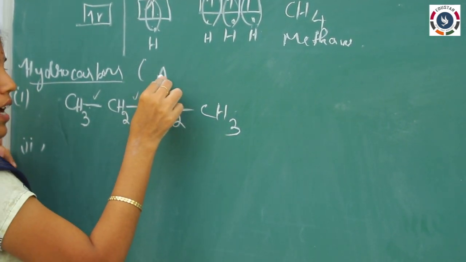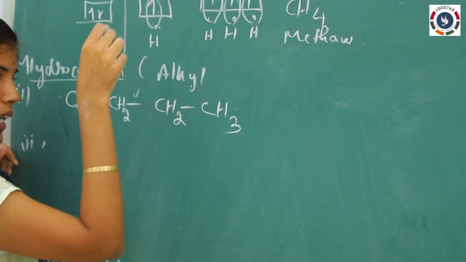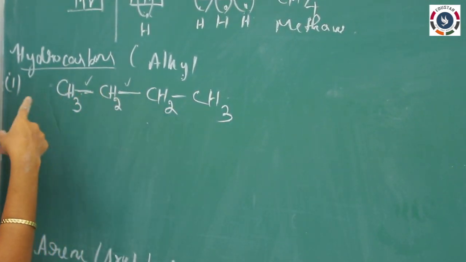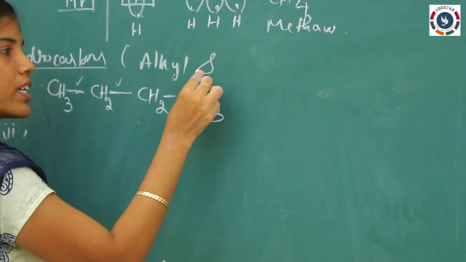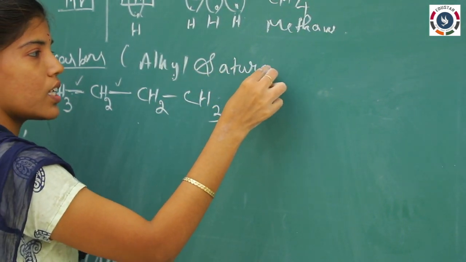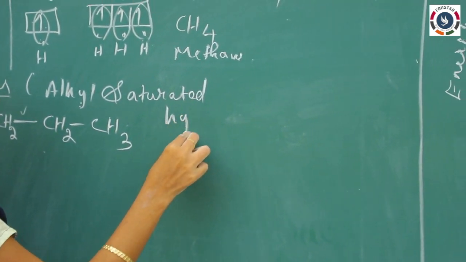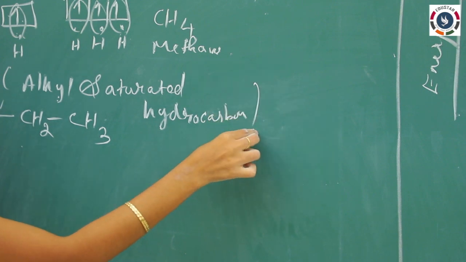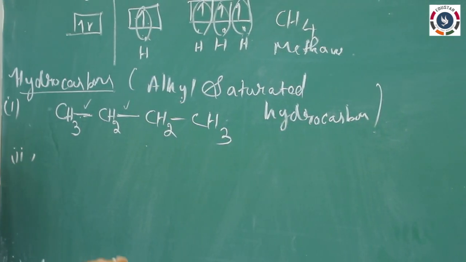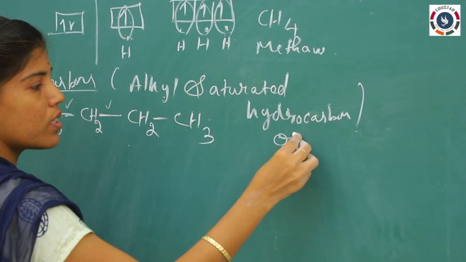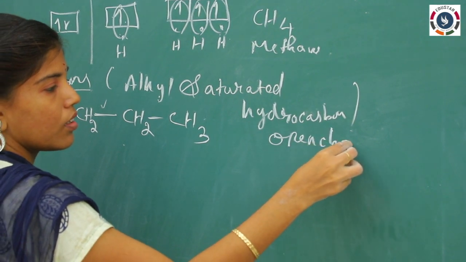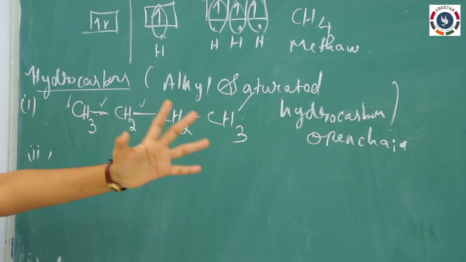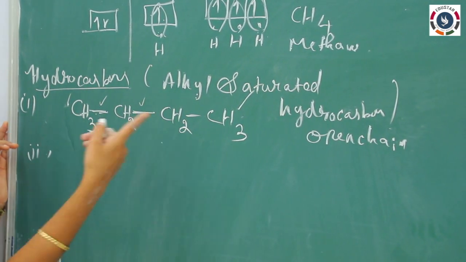This is called an alkane. Since it is formed by an alkyl group and it also has only single bonds in it, it is called an alkane, a saturated hydrocarbon. In the case of a saturated hydrocarbon, this is an open chain compound also. What does open chain mean? We can see terminal carbon atoms. That is, there are 2 ends. That is called the terminal carbon atoms.